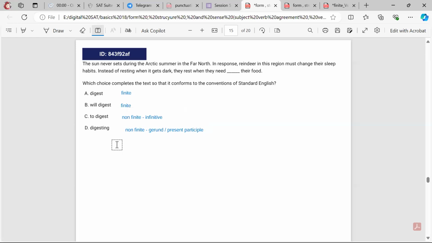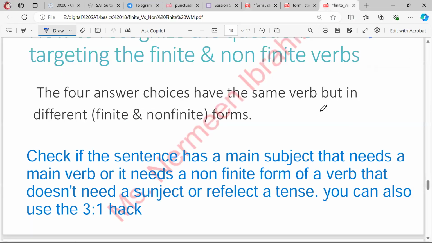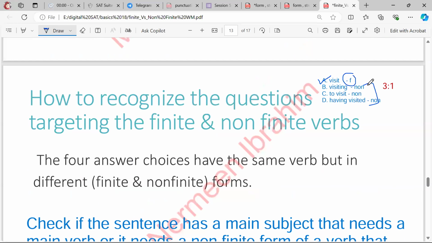Okay. So here we have two non-finite options and two finite options. Oh my God, we will not be able to apply the 3-to-1 hack. We don't have three non-finite and one finite, or three finite and one non-finite.